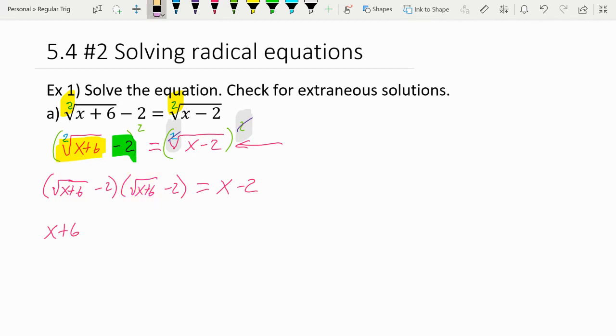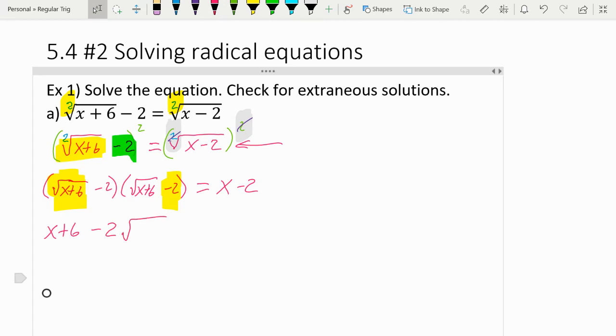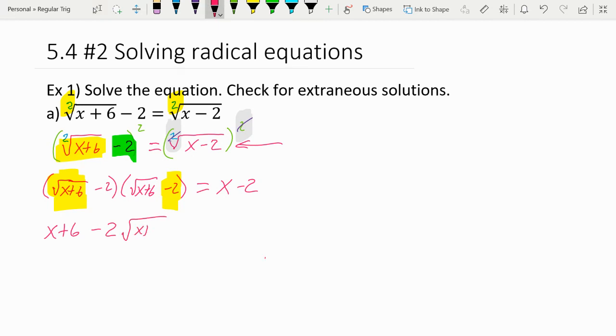Now, what happens when I do the square root of x plus 6 times negative 2? When I multiply those together, it just becomes negative 2 times the square root of x plus 6. I just took that negative 2 and threw it right in front. Please don't overthink this.